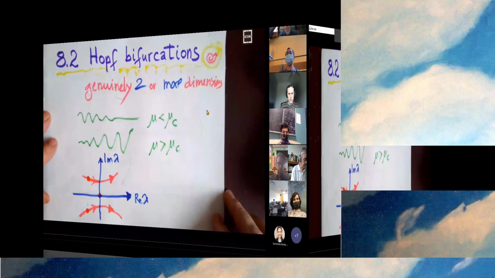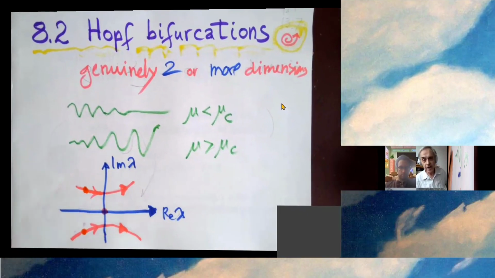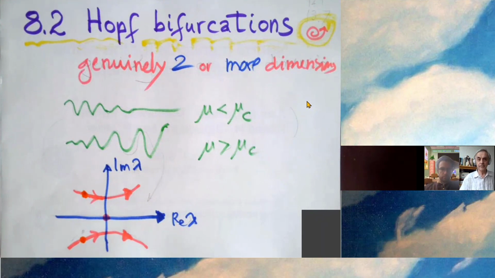Hopf bifurcations, I genuinely think, require 2 dimensions. All other bifurcations were morally one-dimensional, even though they also can be seen in 2 or more dimensions. Hopf bifurcation happens the first time here, and mathematically it's for a simple reason.